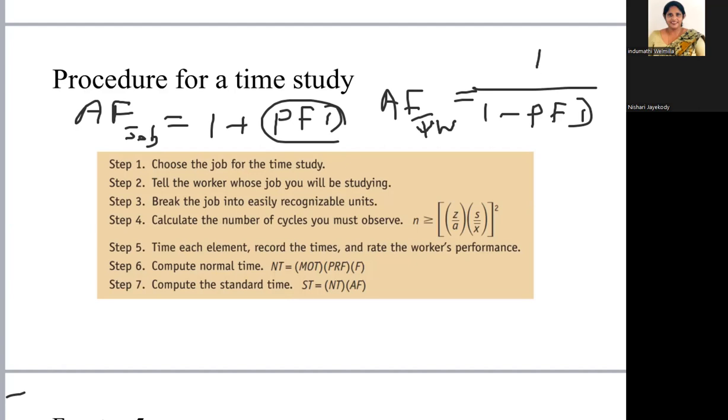This available time ratio means 1 minus PFD. Okay, PFD. So now that we know how to calculate the allowance factor, let's know the standard time equals the normal time multiplied by the allowance factor. Multiplied by the allowance factor.